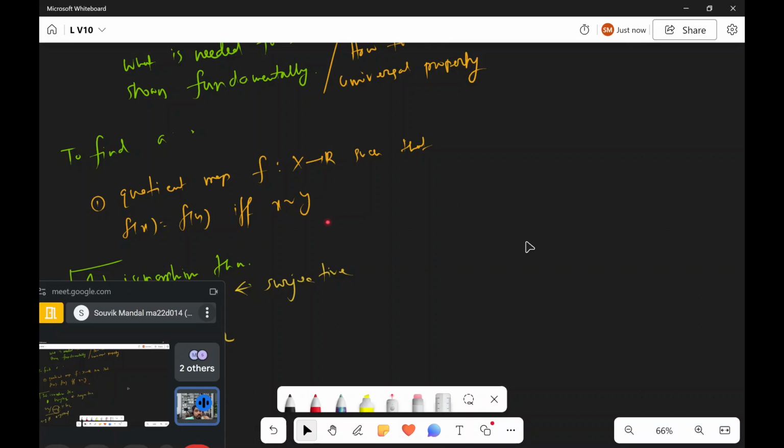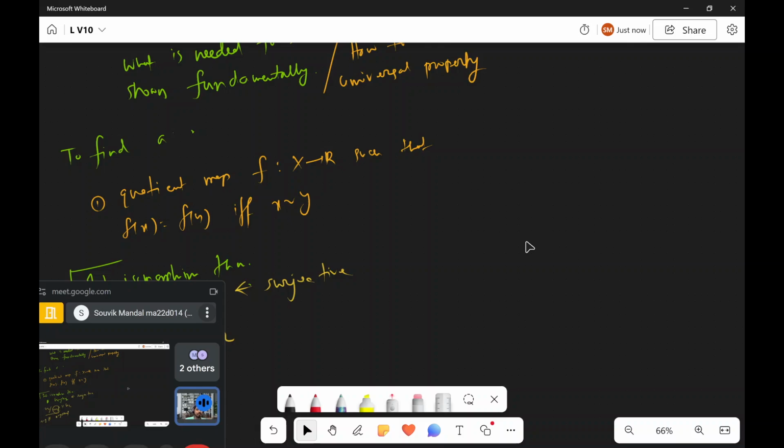Such a quotient map we need to figure out. This is the last part. You need to find such a function having such a property. Now please think about it. Take your time. Please look into the question itself. There is a high possibility that you can catch the function itself.